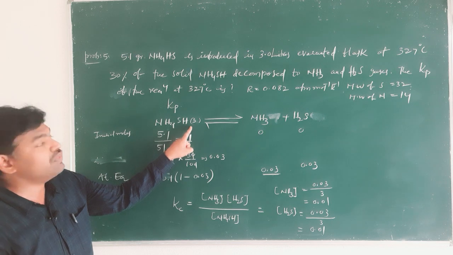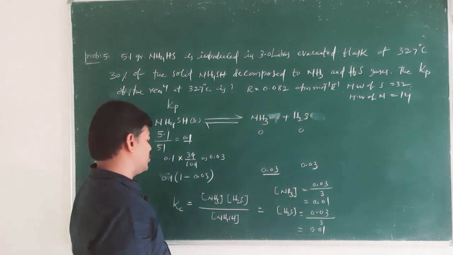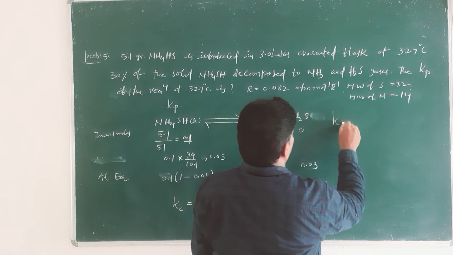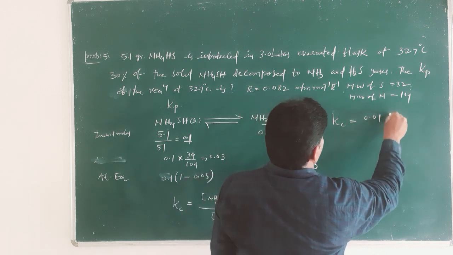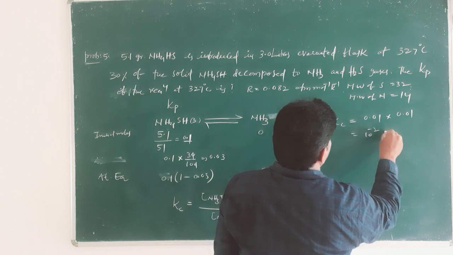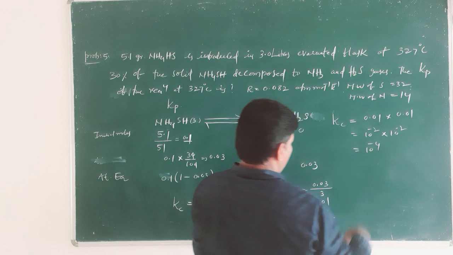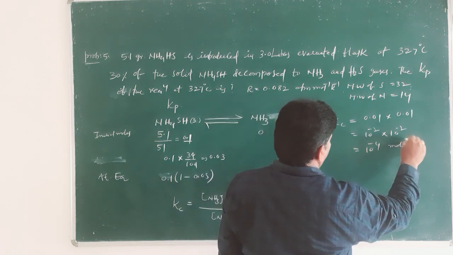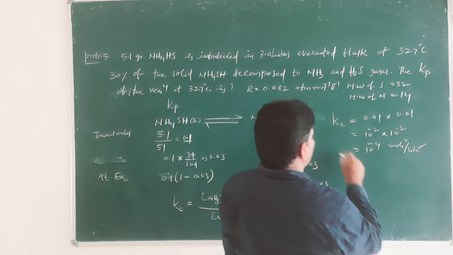We usually take the solid concentration as unity. So, Kc is equal to concentration of NH3, 0.01, into concentration of H2S, 0.01. This is 10 power minus 2 and this is 10 power minus 2, that is 10 power minus 4 moles square by liter square.